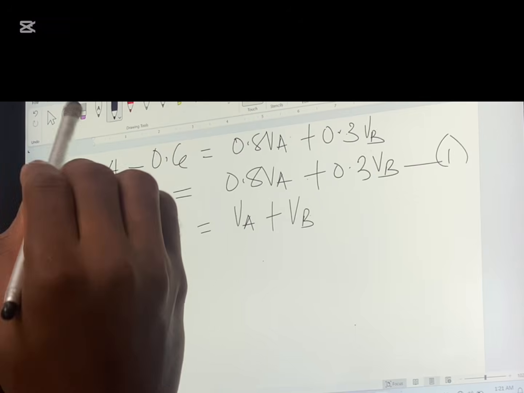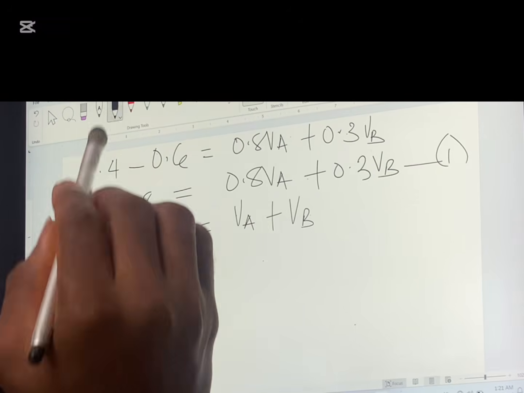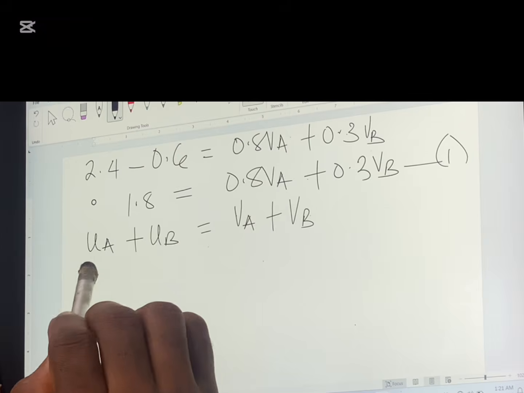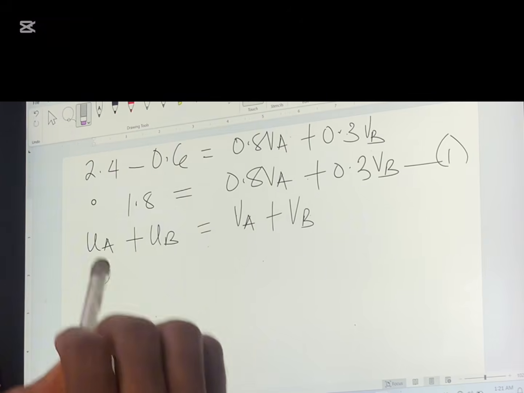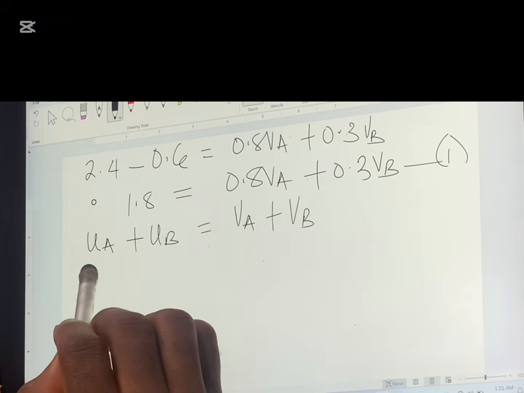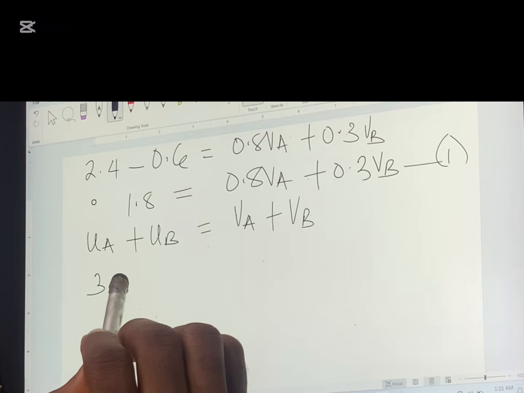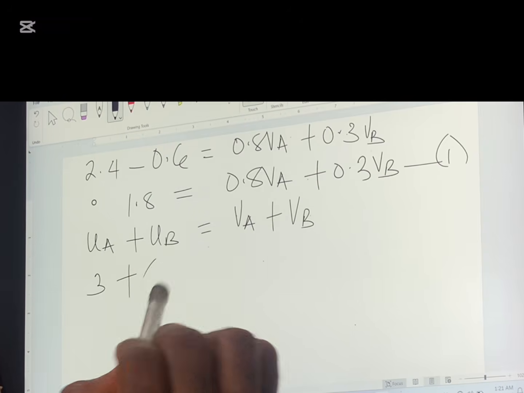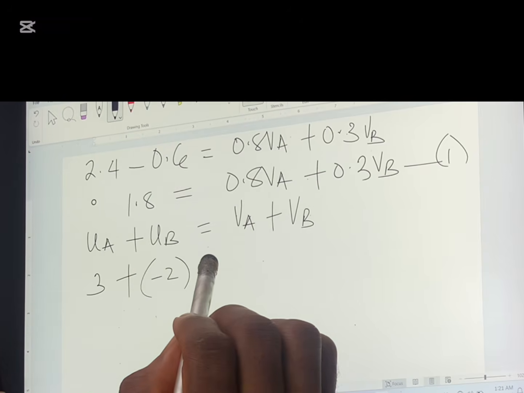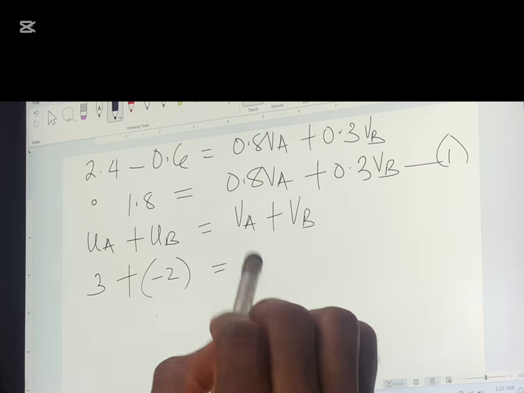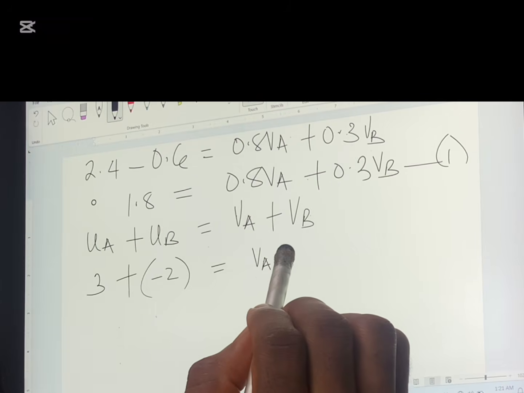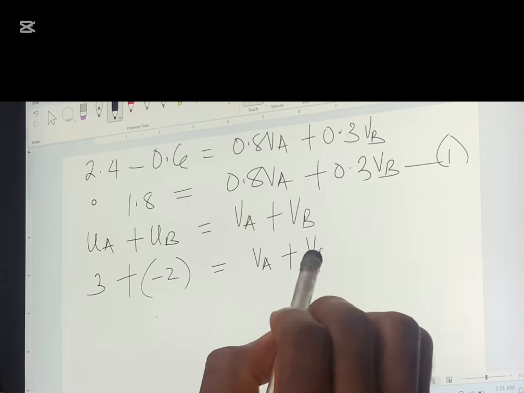Replacing that, we have 3 plus minus 2 is equal to VA plus VB.